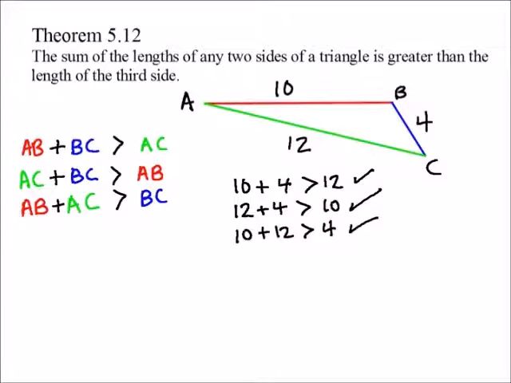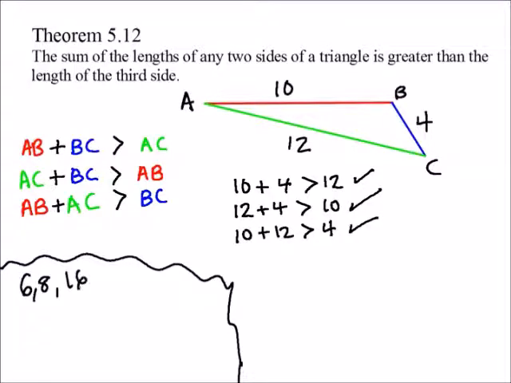Well, let's get another example going. What if I had 6, 8, and 16? I have to check all 3 possibilities. 8 plus 16, is that greater than 6? Yeah, that's true. What about 6 plus 16? Is that greater than 8? Yeah, that's true. But let's look at 6 plus 8.